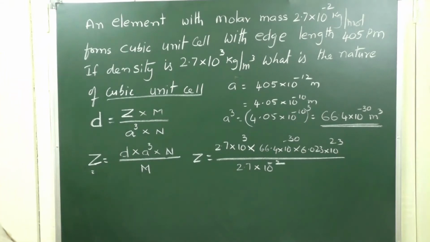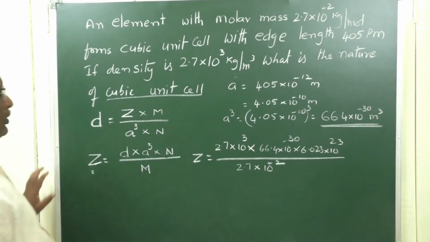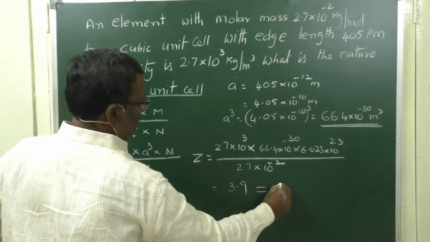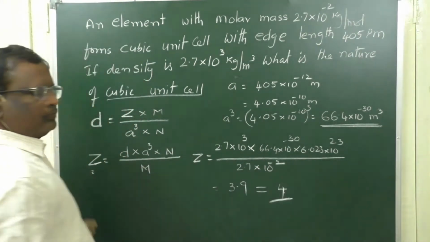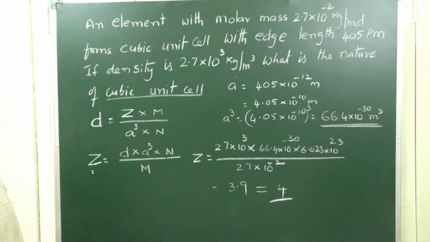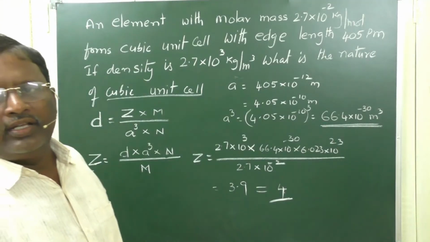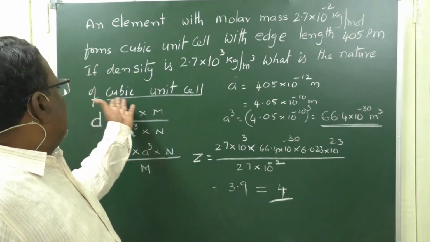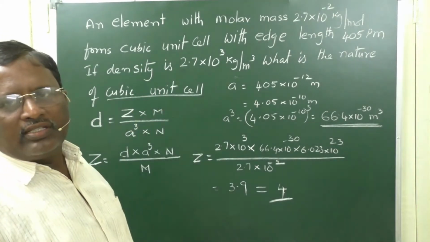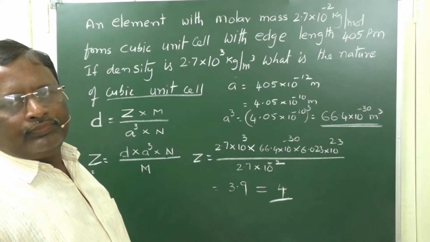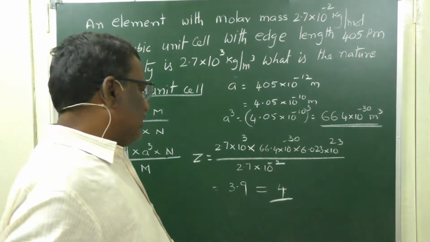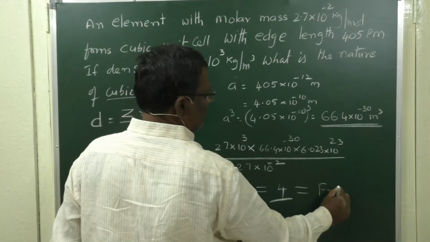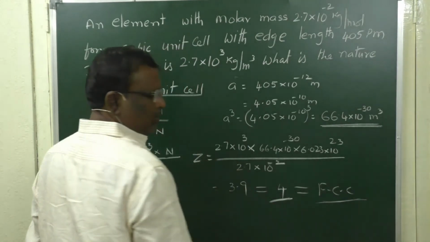On simplifying you will get approximately 3.9, which is equal to 4. So 4 atoms are present in the unit cell. So the answer is the nature of the unit cell is FCC, face centered cubic cell. Since 4 atoms are there, it is FCC, face centered cube.